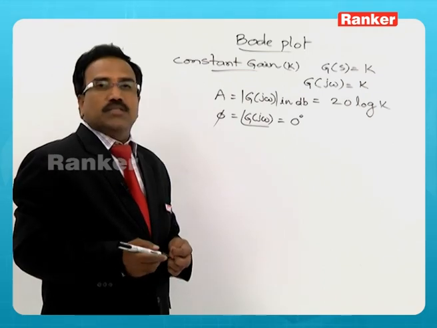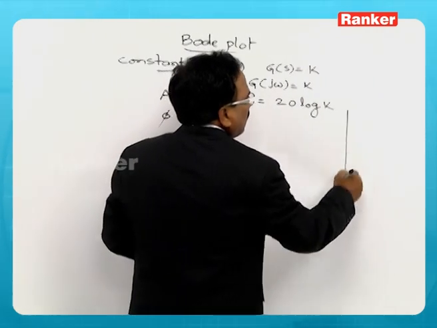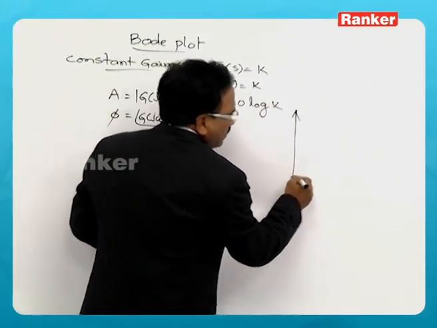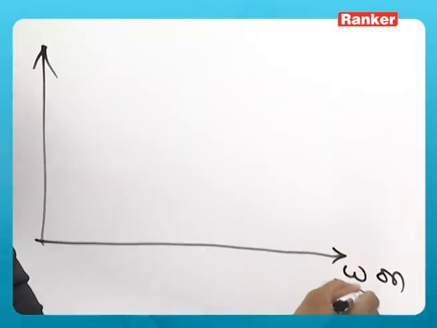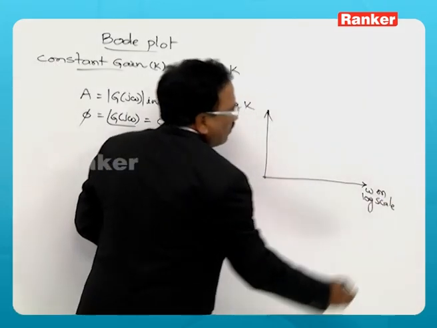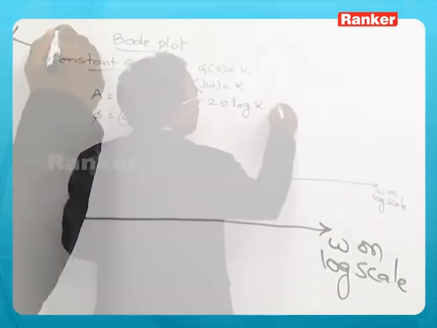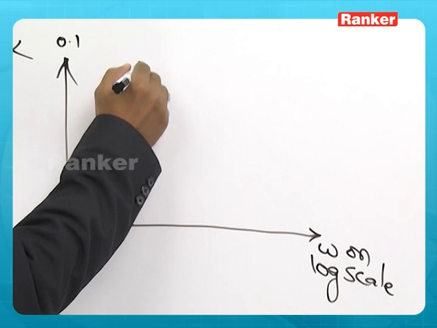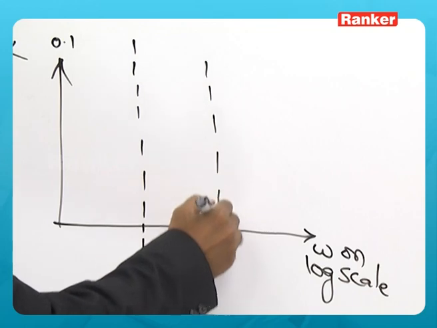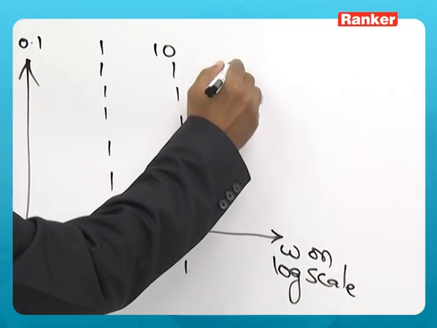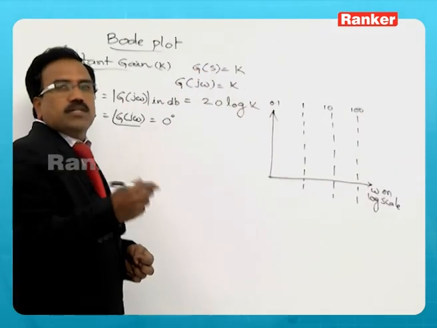Now, if I want to draw the plot, the magnitude versus frequency on log scale, the meaning of this is, when I consider this as 0.1, the next division is 1, and the next is 10, then 100, 1000, and so on.